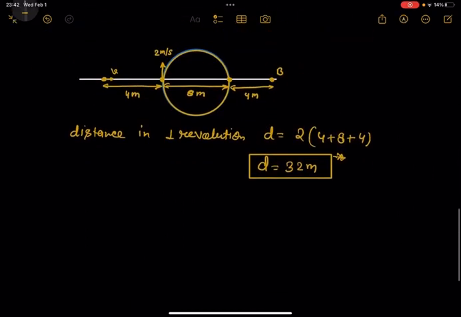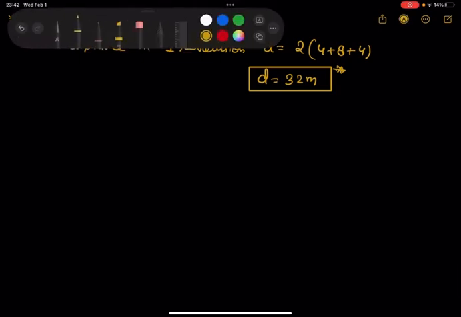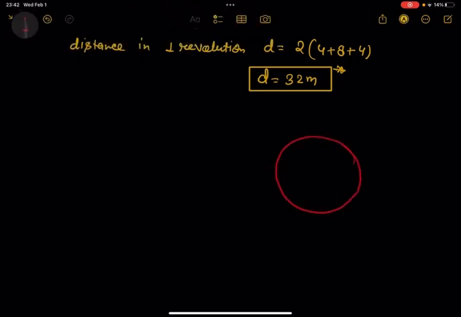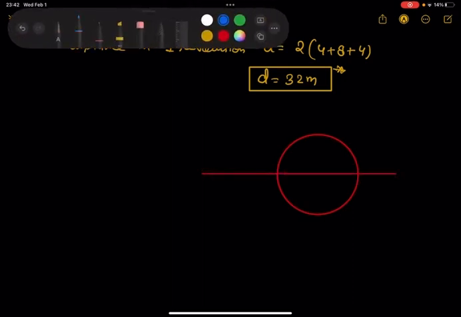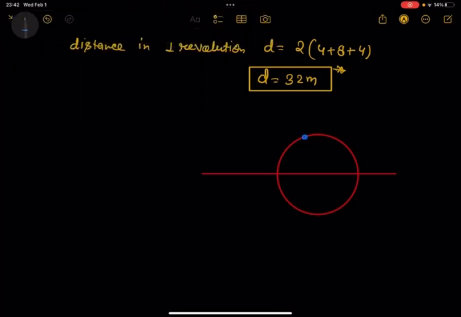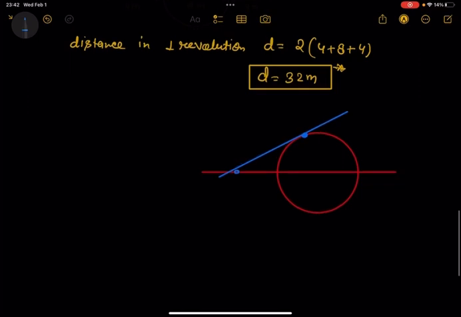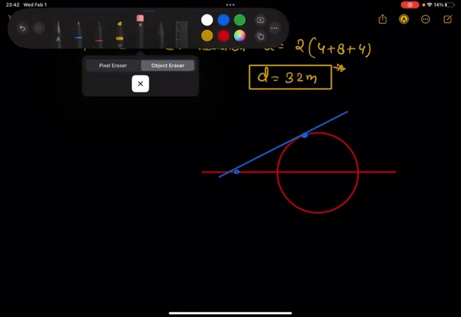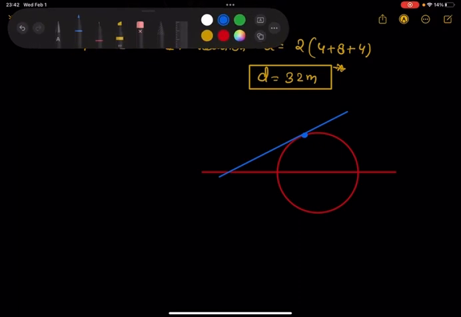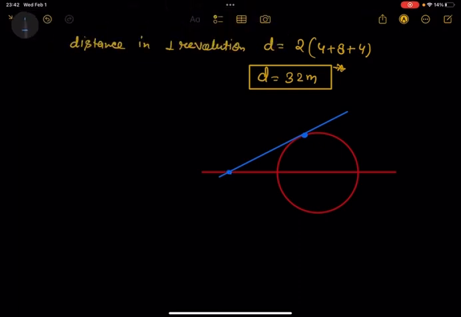Again, suppose this is a circular path of A, and this is the line joining A and B. A is moving here with the speed V, and B is moving somewhere here with a speed of 2.